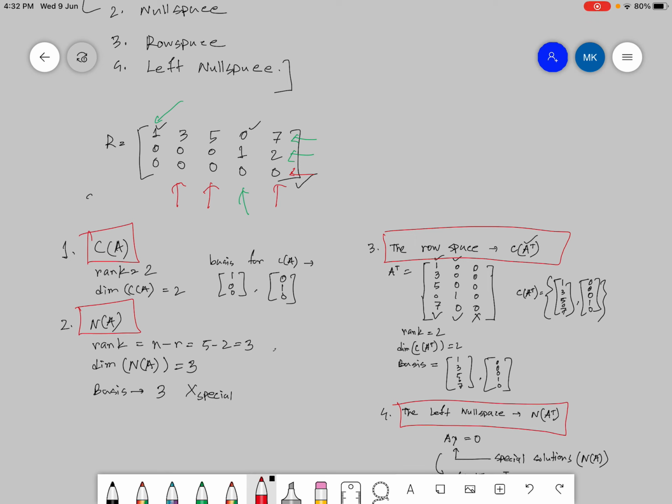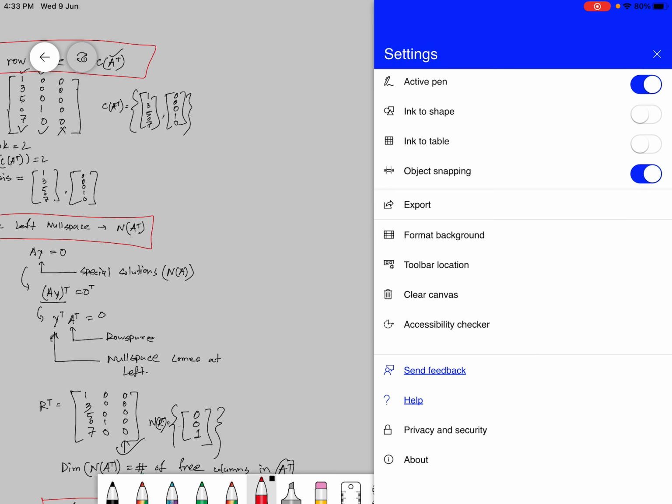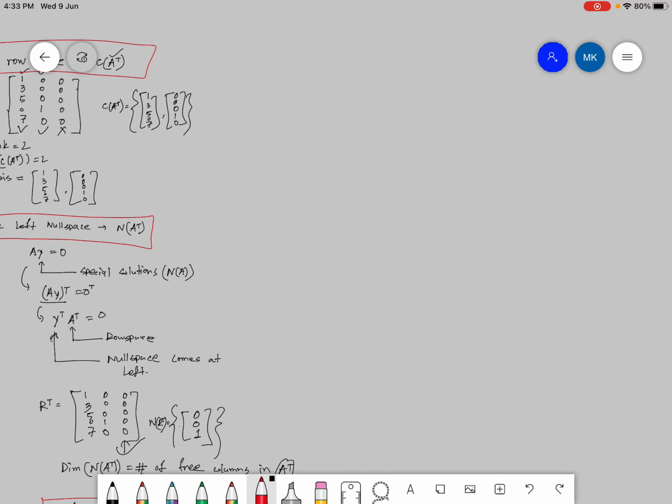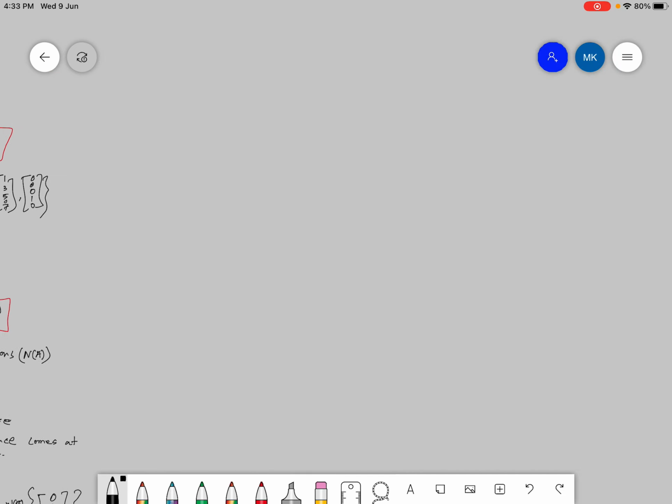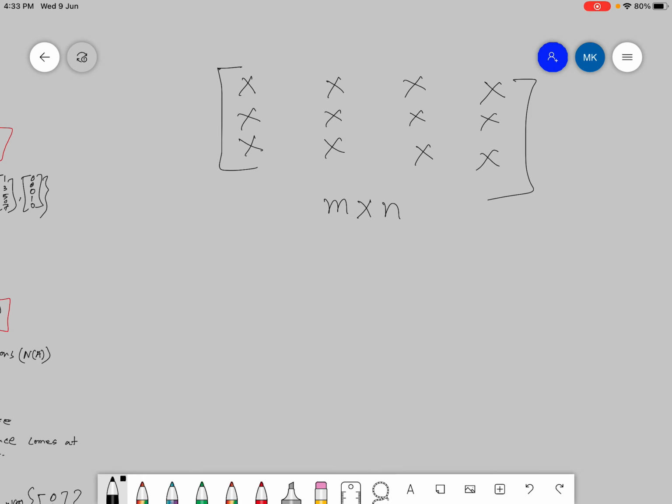Okay, so from all this discussion, one thing is clear, that if you have a particular matrix, let's say you have 4 columns, and this matrix is m by n, then there are 3 elements in each column, right?